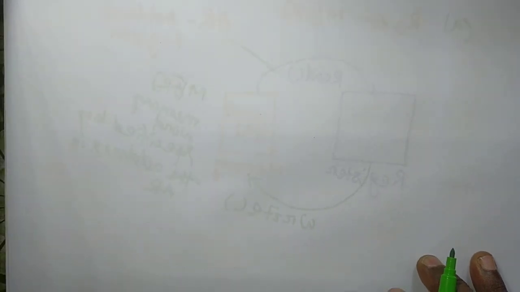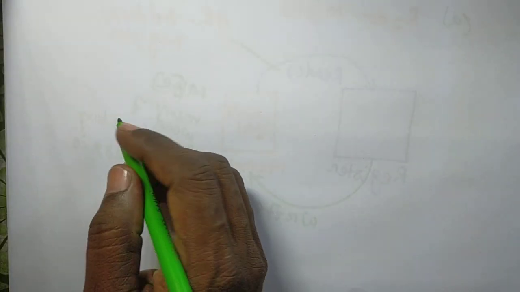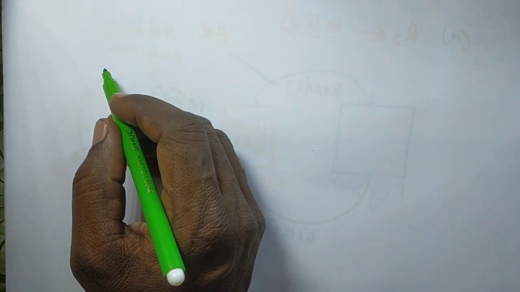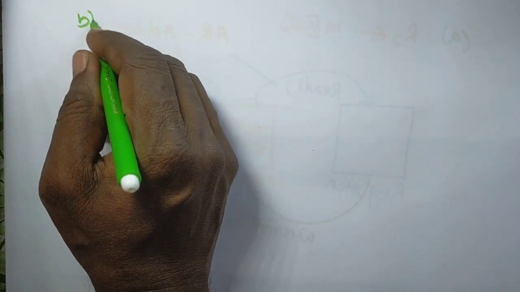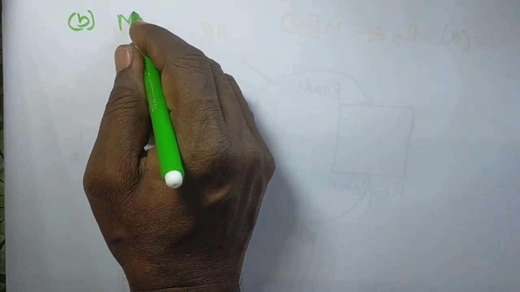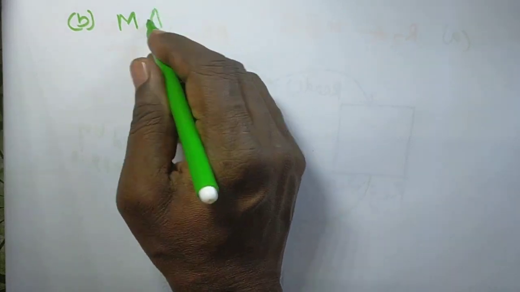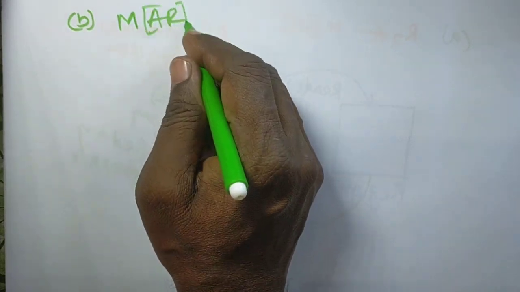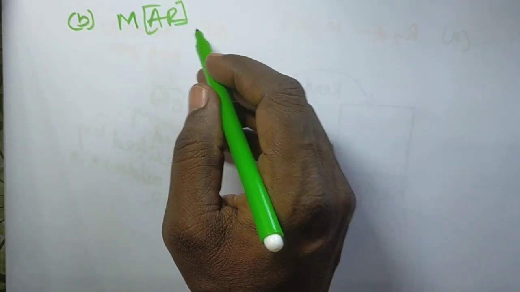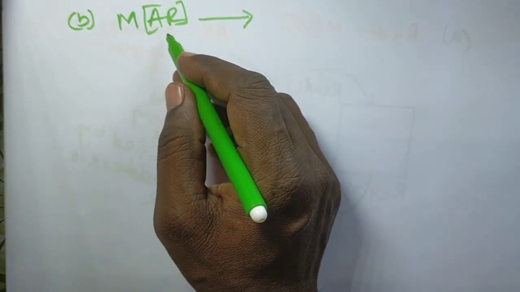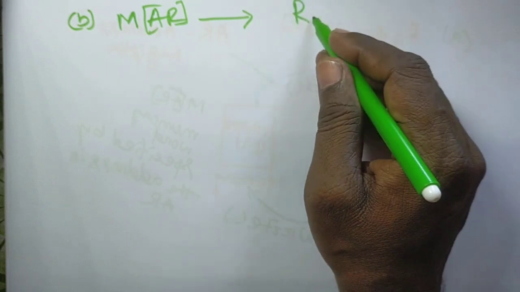Now we see, in a very simple way, this other statement. Suppose it is a statement B, like here memory, very cautiously you see, memory AR, the content of memory through AR, that memory word specified by AR. What happens here?